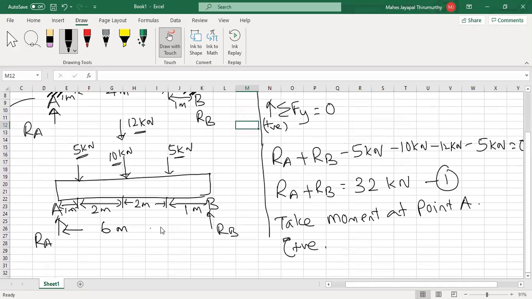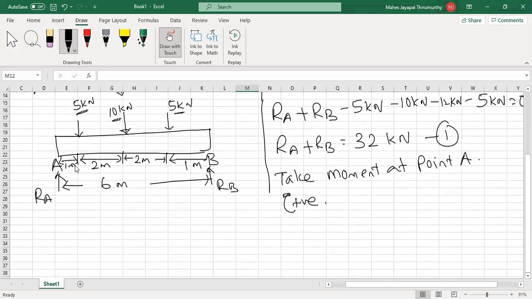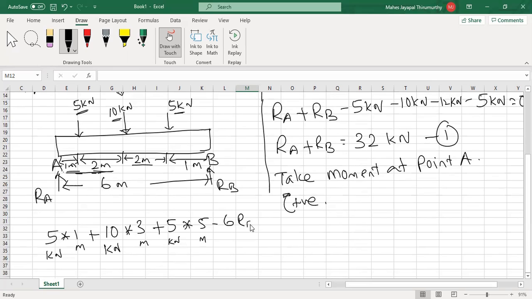All right, so clearly you have to write. Take the first one: 5 kilonewton times 1 meter, which is going in the positive direction, so I take it as positive, plus 10 kilonewton times 3 meters, then plus 2 plus 2 plus 2, so 5 meters total, 5 kilonewton times 5 meters, and minus 6 RB, which is equal to 0, because RB is moving in the counterclockwise direction.